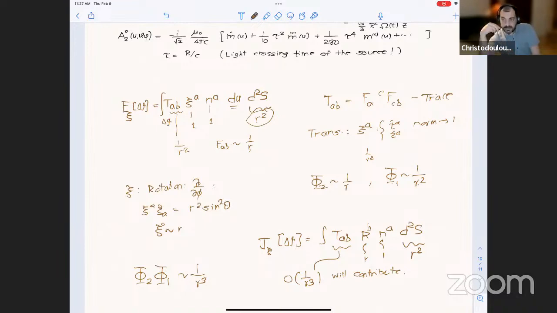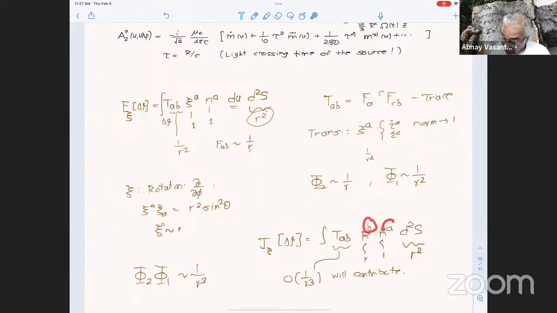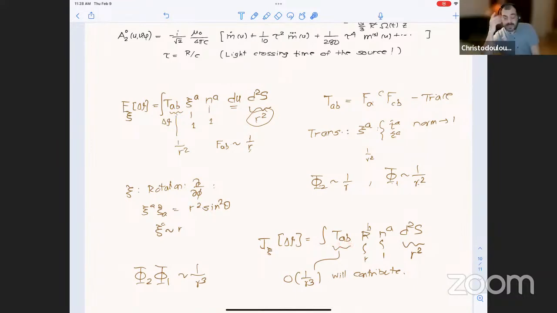So this integral could diverge. No, but you're only looking at certain components, right? We're not looking at all components. Here we're looking at NN components or UU components. Here we're looking at different components up here. I see, thank you. So somehow it's because the angular momentum goes like r. You have more angular momentum when you're further away.